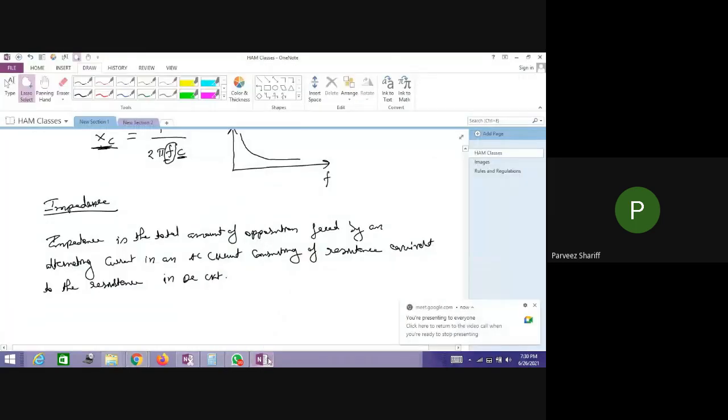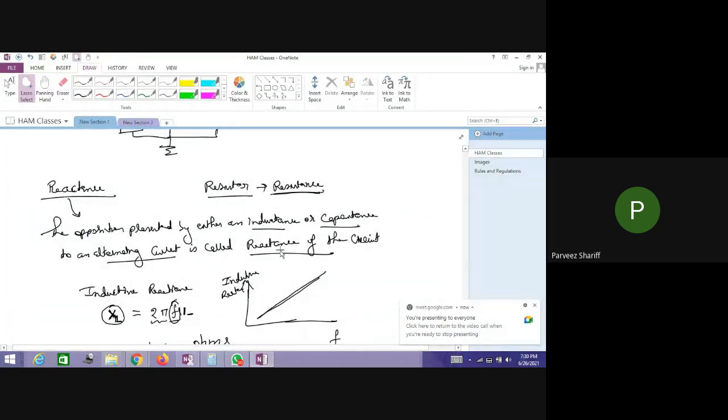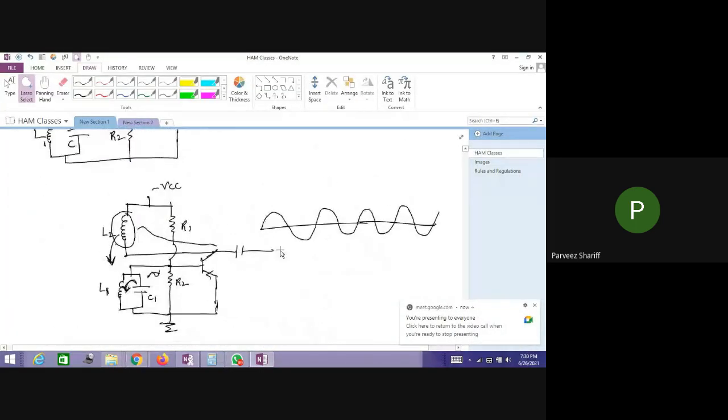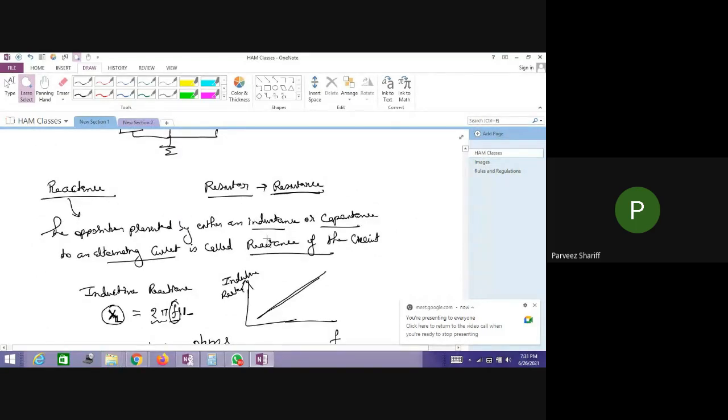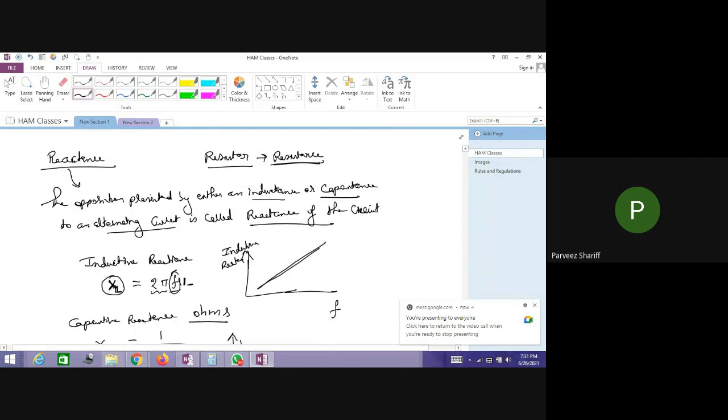So in the last session we were talking about reactance. What is reactance? Reactance is nothing but the opposition presented by either an inductor or a capacitor to an alternating current, which is called the reactance of the circuit.